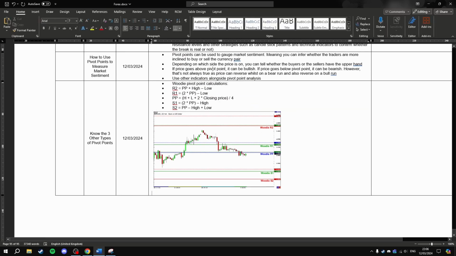So Woodie pivot point is solid line, standard pivot point is dotted line.